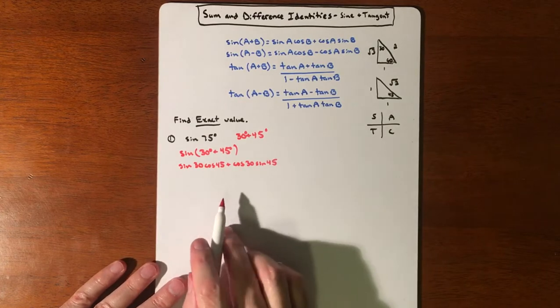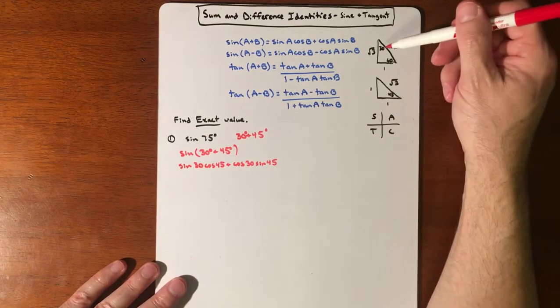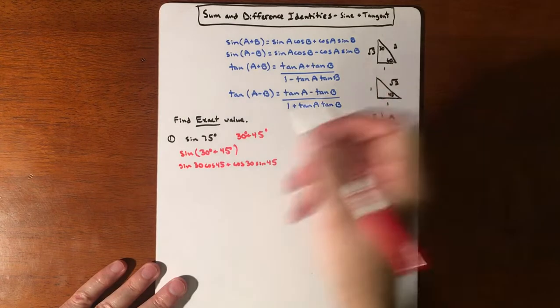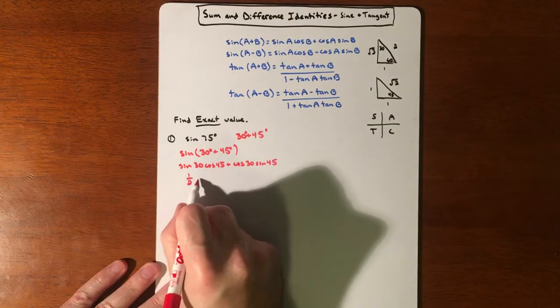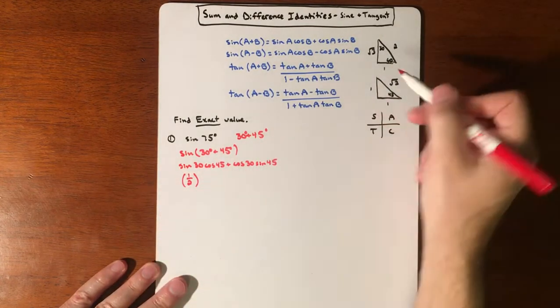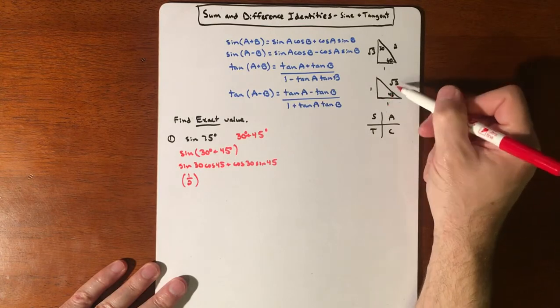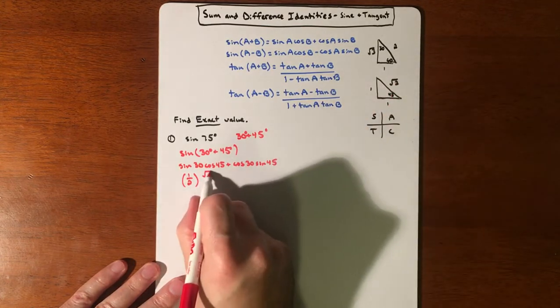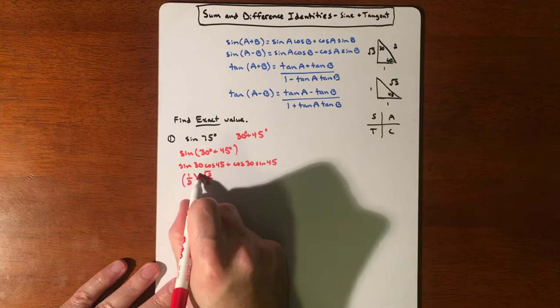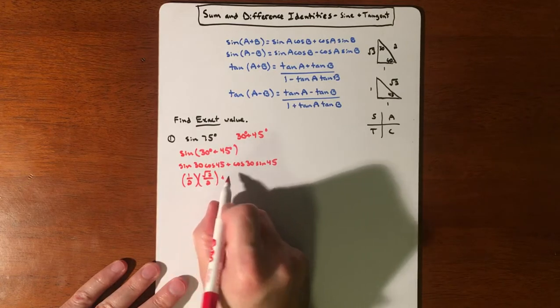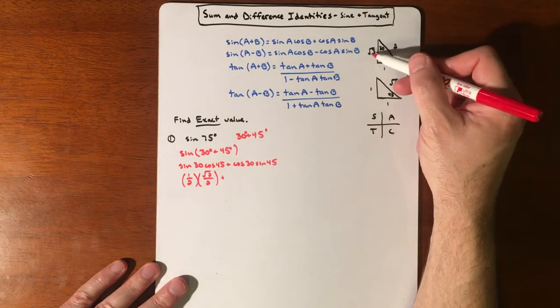All right, so sine of 30 is 1/2, opposite over hypotenuse. Cosine of 45 is adjacent over hypotenuse, so 1 over root 2, which really turns into root 2 over 2 if you rationalize. And then cosine of 30 is root 3 over 2.